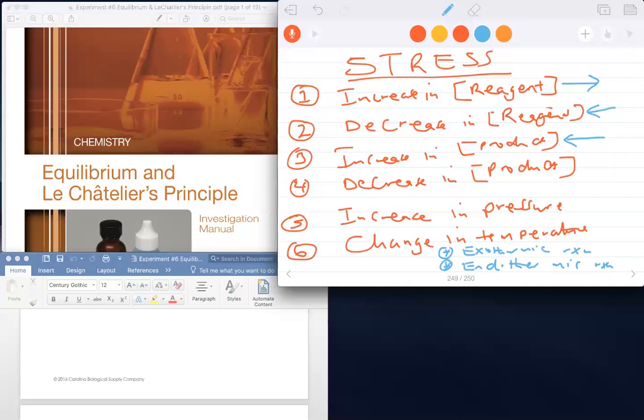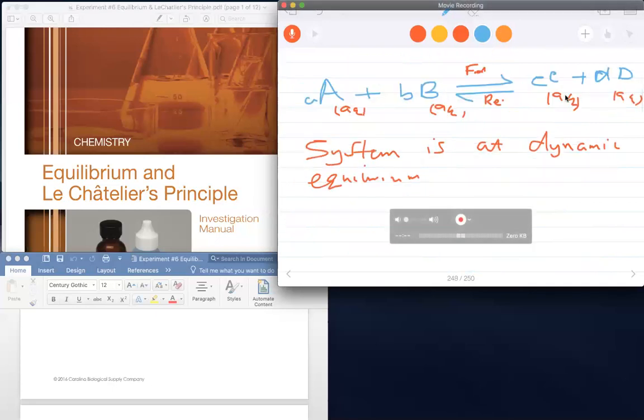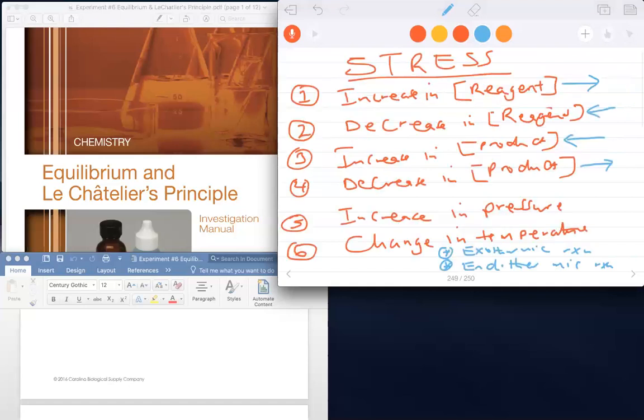And likewise for the product, it will shift towards the right, because you are removing a product, and it will try to replenish what you are removing. So if we remove C or D, the system will shift towards the product. If we are removing any of the reagents, it will shift towards what we are removing to replenish that. So here is the summary of change in concentration of either the product or the reagent.